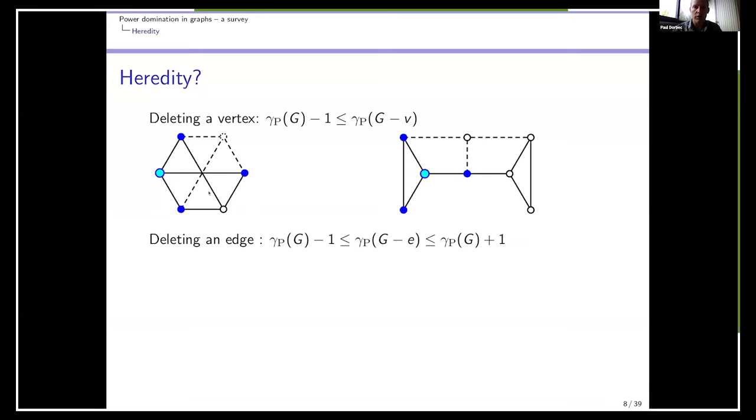So this vertex will propagate to here, or this one, or this one. Okay? So this means the power domination number of a graph minus a vertex can be less than the power domination number of the initial graph. But it can also be more.